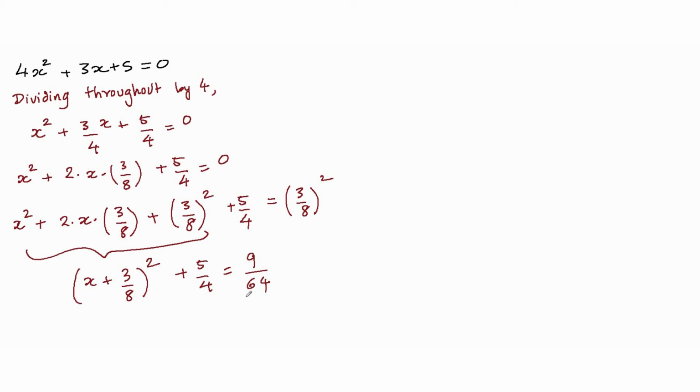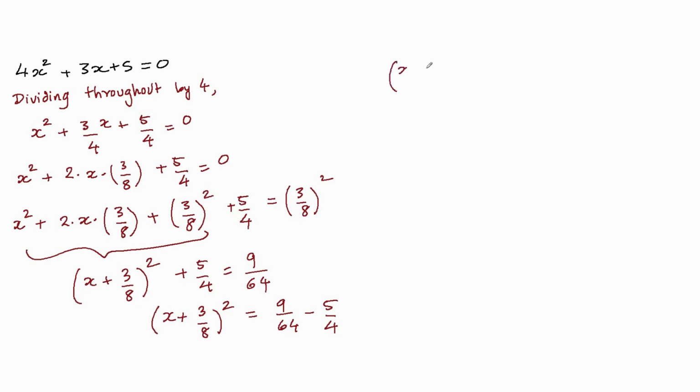Because we are first figuring out b and then we are adding b square, and that is completing the (a plus b) the whole square or (a minus b) the whole square depending on the sign. So we are manipulating the terms to complete that square, which is why this method is called completing the square method. So (x plus 3 by 8) the whole square is 9 by 64 minus 5 by 4.